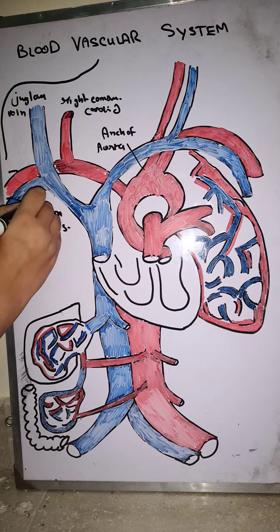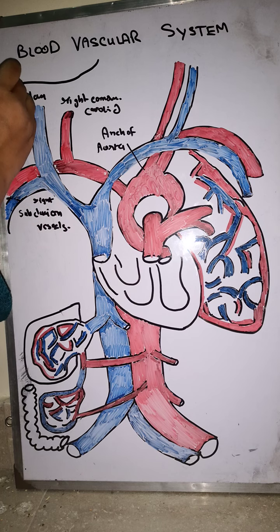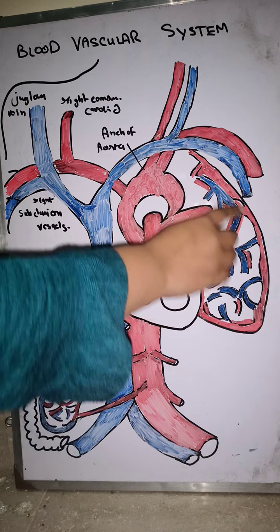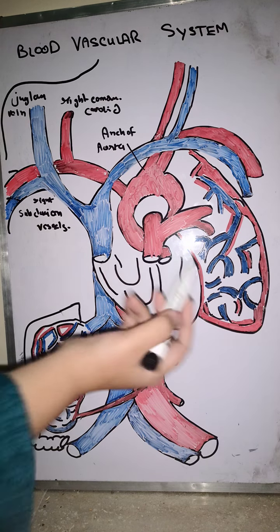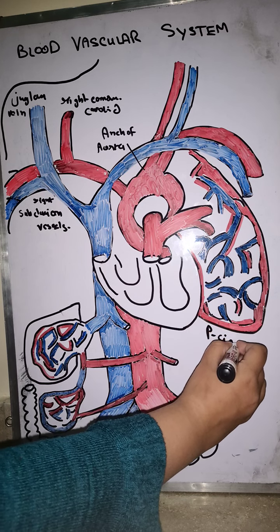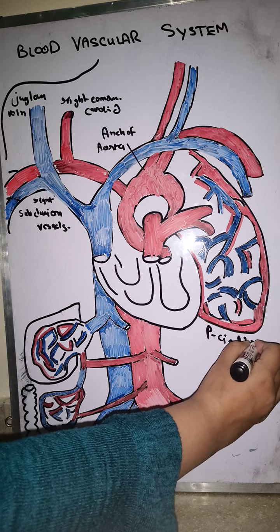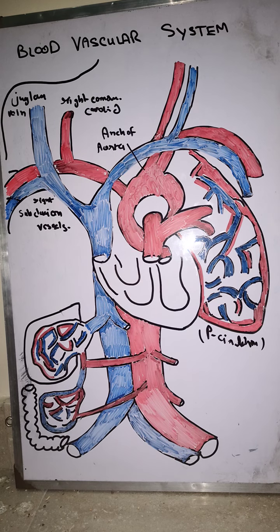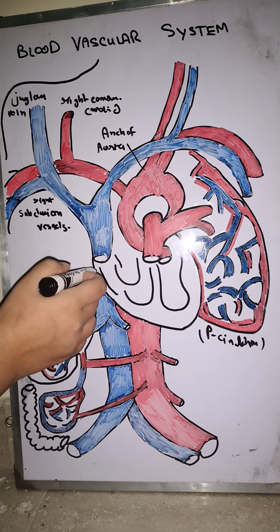The red portions indicated here are related to the pulmonary circulation. This is the pulmonary circulation. The internal part is called the cavity of the right atrium.